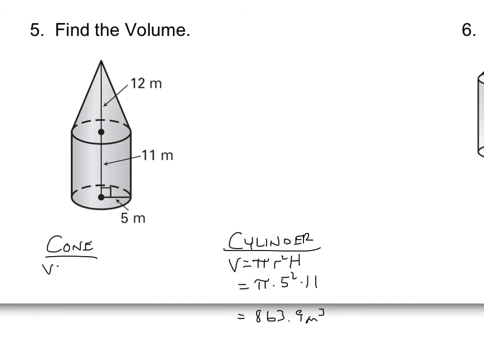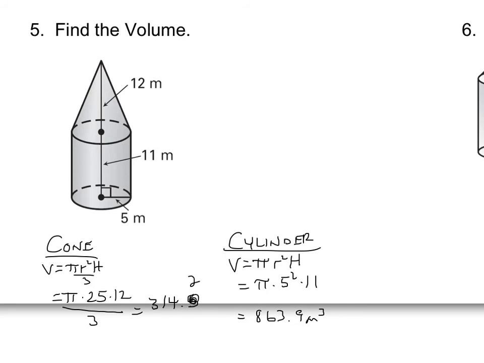Now the cone is pi r squared h divided by 3. Well, in this case, the radius is the same, so it's pi times 5 squared, which is 25. The height of this one is 12, divided by 3. So 25 times 12 times pi. And then I get that number, divide that by 3, and I end up with 314.2.